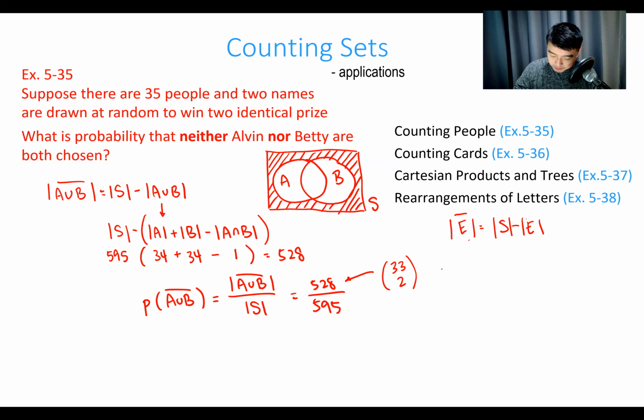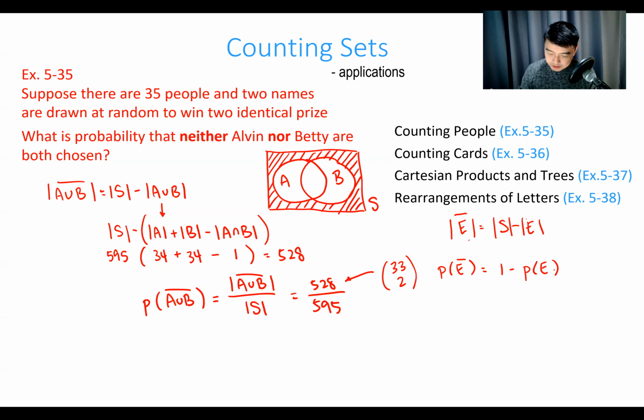So if we're looking for the probability of the complement of E, so what is the probability that E doesn't happen? Well, this is equal to 1 minus the probability that E does happen.